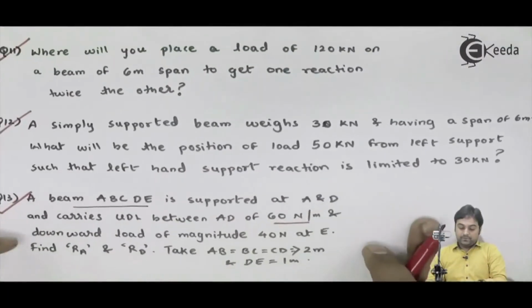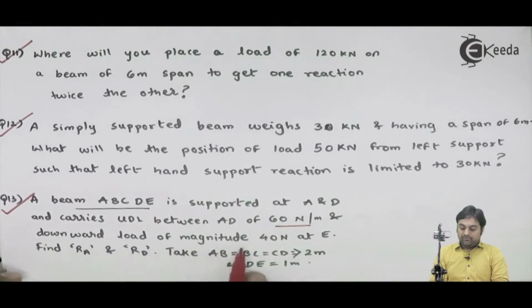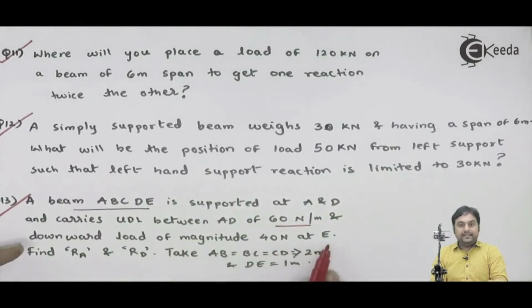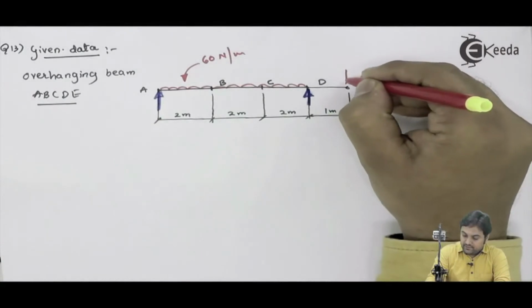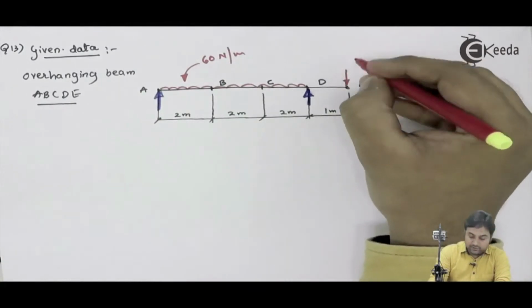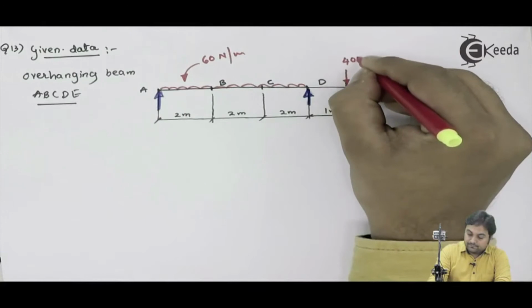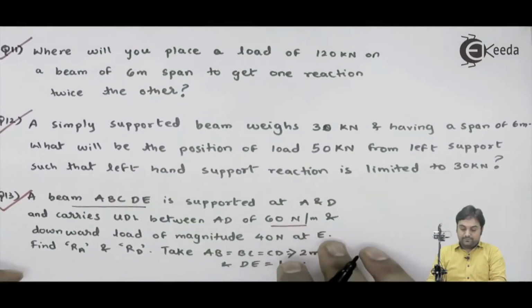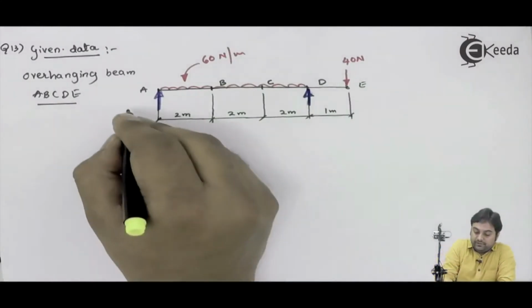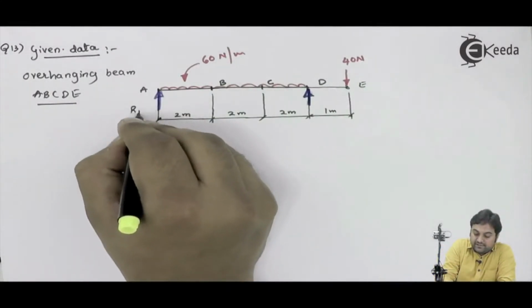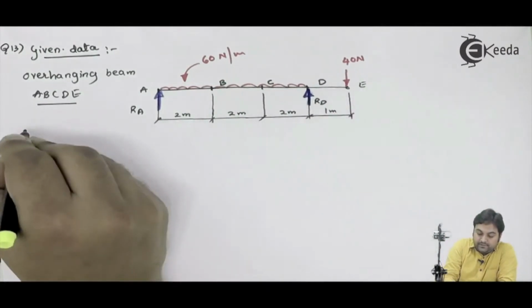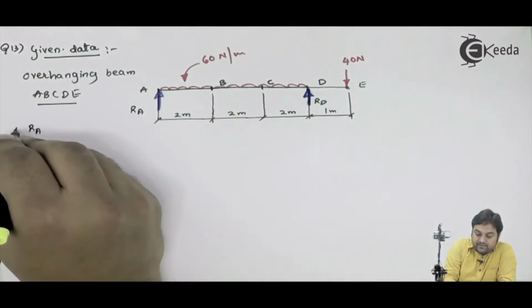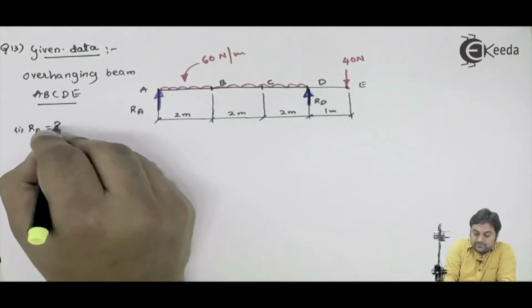Then a downward load of magnitude 40 Newton at E. At E there is a downward load of 40 Newton. Find RA and RD. Here we have to calculate the value of reaction at A and the value of reaction at D.